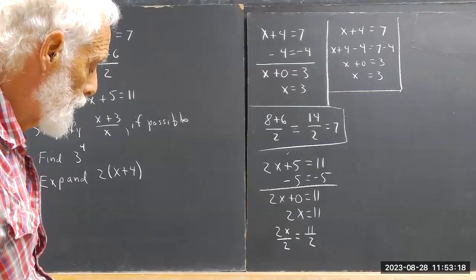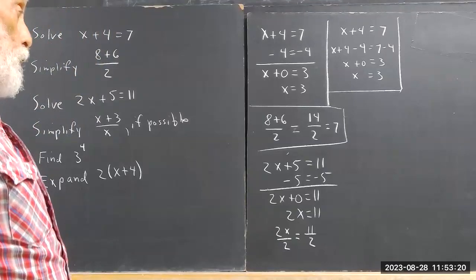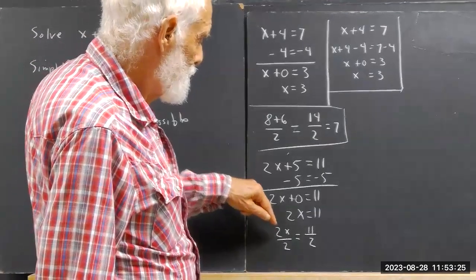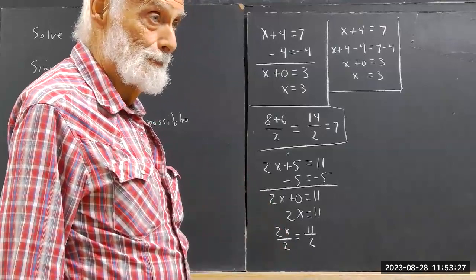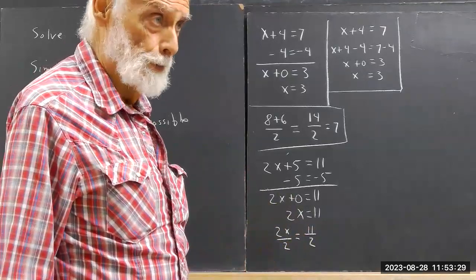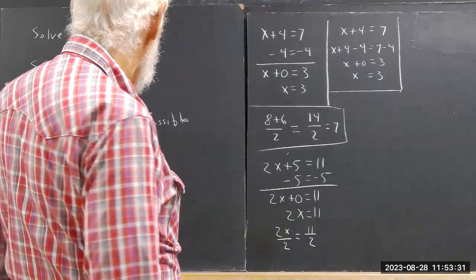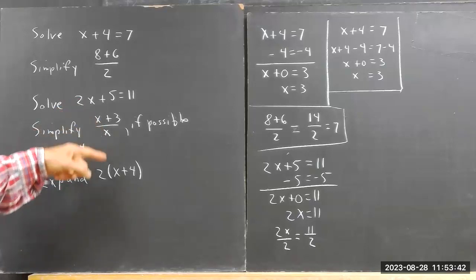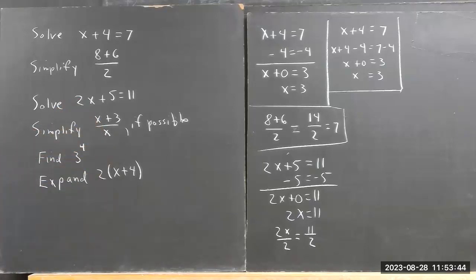Now, one big flaw that I see people do a whole lot is they'll put a line through these and say they cancel. That's not a flaw, it's actually true in this case. The reason I really don't like cancellation, I'm going to kind of live with it, but emphasize the rules, is that people also do that here, with x plus 3 over x.